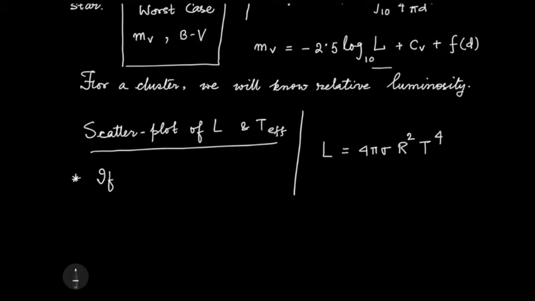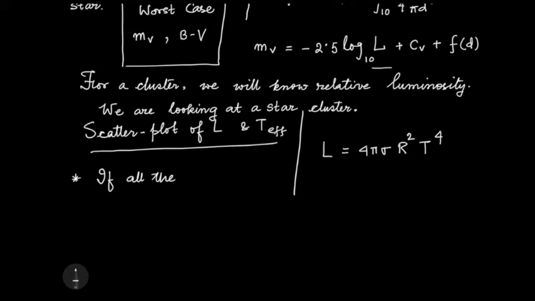So if all the stars, so I have a sample of stars, and let us say we are looking at a star cluster. Now, why do I say that we are looking at a star cluster? There are two reasons.